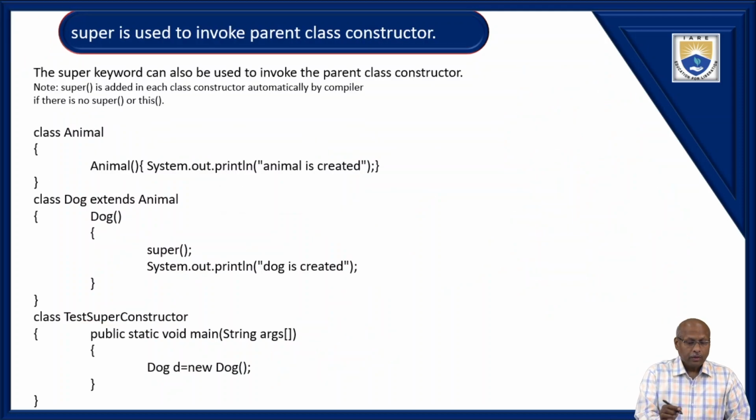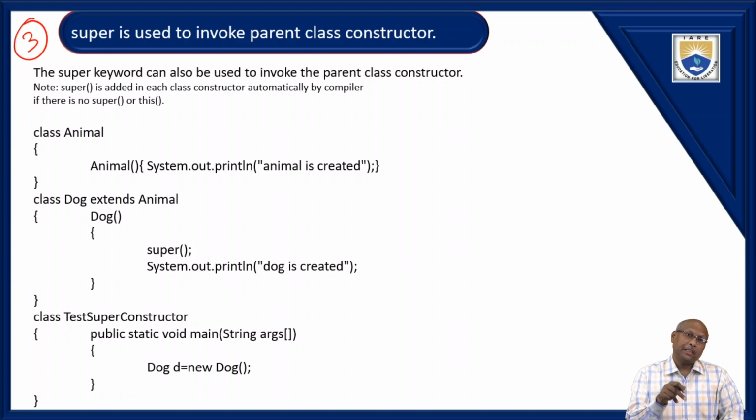Now we'll go to the third one. What is the third one? Super is used to invoke the parent class constructor. Because I told you super can be used for three purposes: to invoke an instance variable, to invoke a method, or to invoke a constructor also. So the current class, that means the child class, can invoke the parent's constructor also.